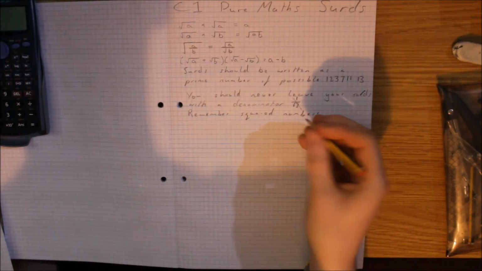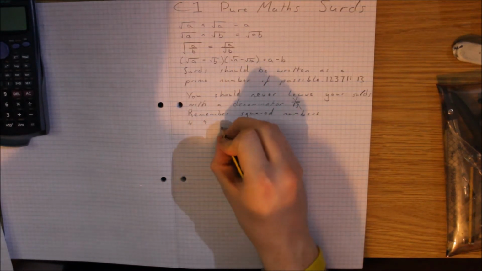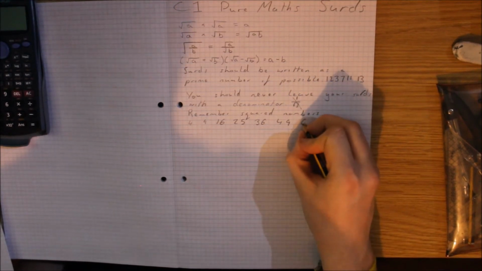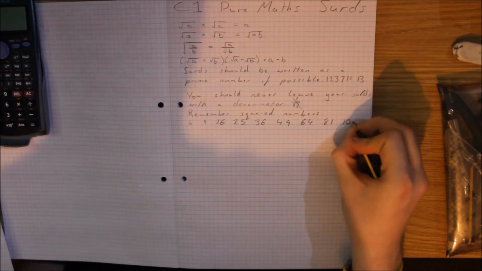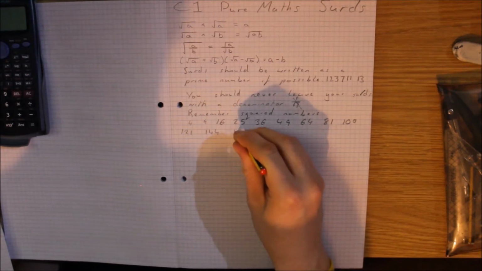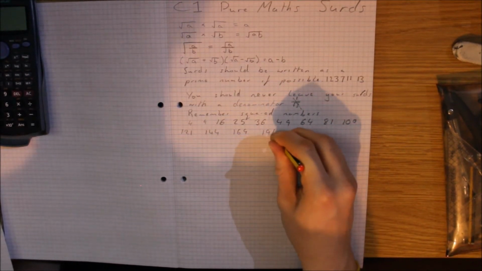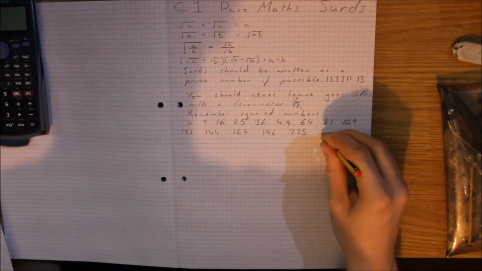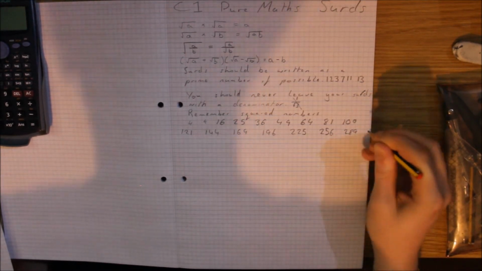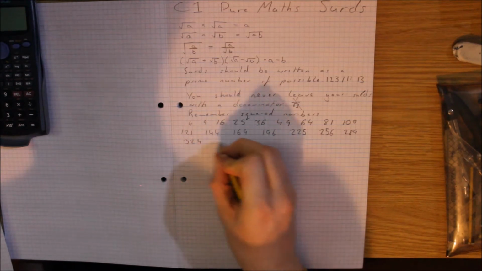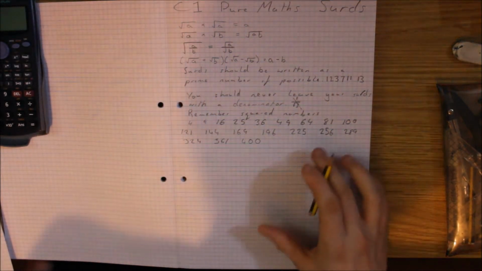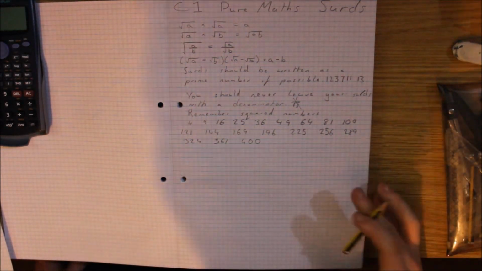The first 20 are 4, 9, 16, 25, 36, 49, 64, 81, 100, 121, 144, 169, 196, 225, 256, 289, 324, 361, and 400. So they're important figures to remember.